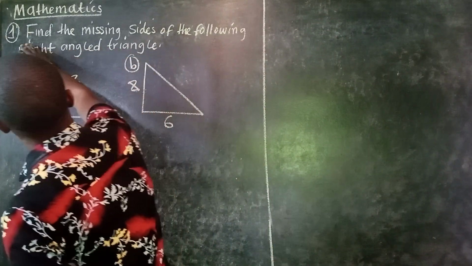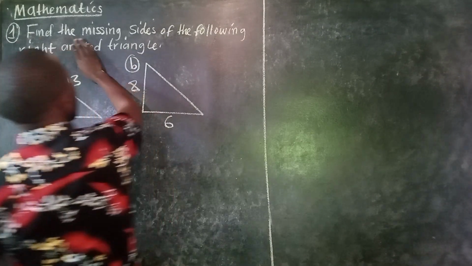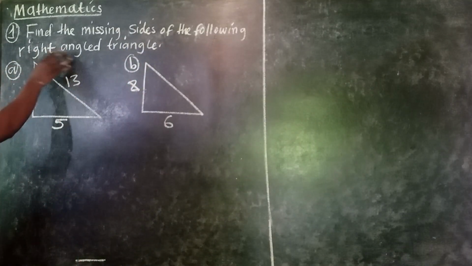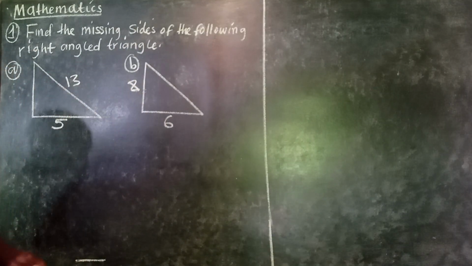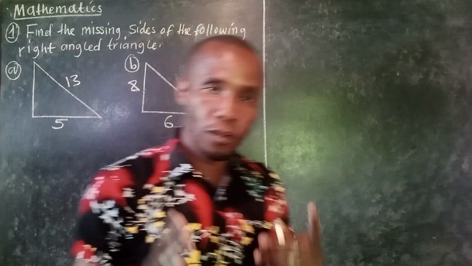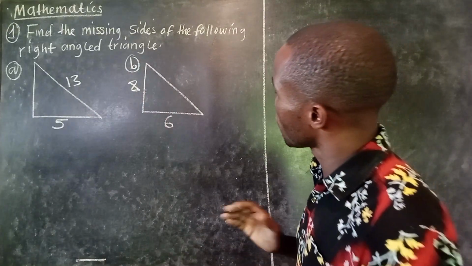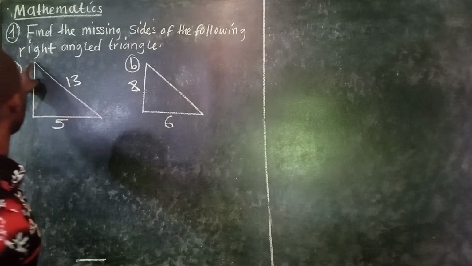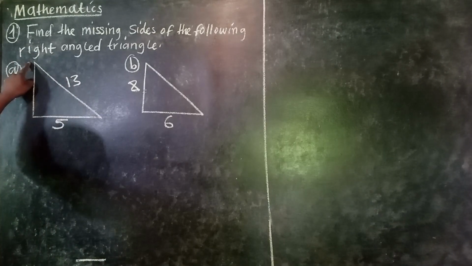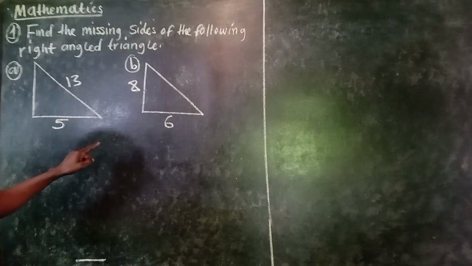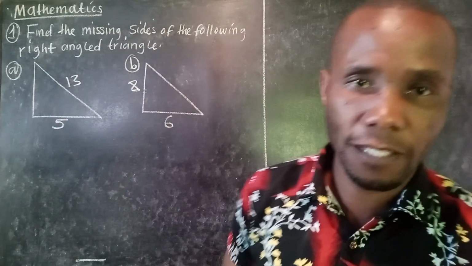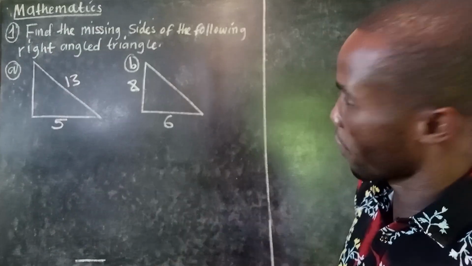Here the question says, find the missing sides of the following right-angled triangle. You all know that for you to find the missing side of a right-angled triangle, like the one that we have here, the only method that you can use is Pythagoras theorem.